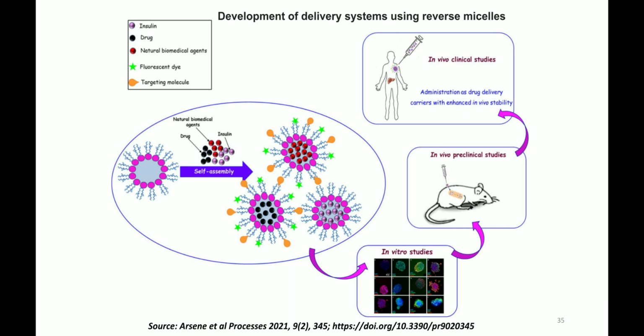You can also attach some fluorescent dye, but not inside the micelle; you can attach it to the tails of the micelle. You can put fluorescent dye or targeting molecules, and with the help of that you can do in vitro studies. In preclinical studies, you can work on animals like mice, and once it is successful, you can do in vivo clinical studies.